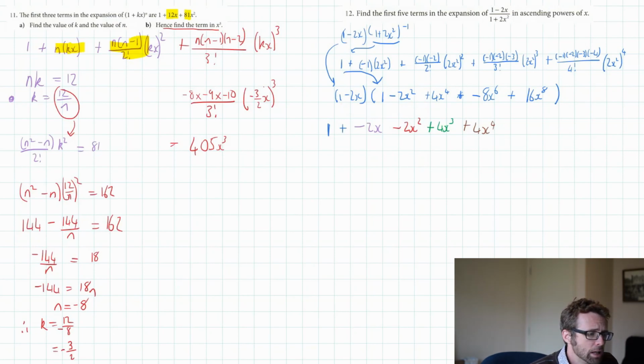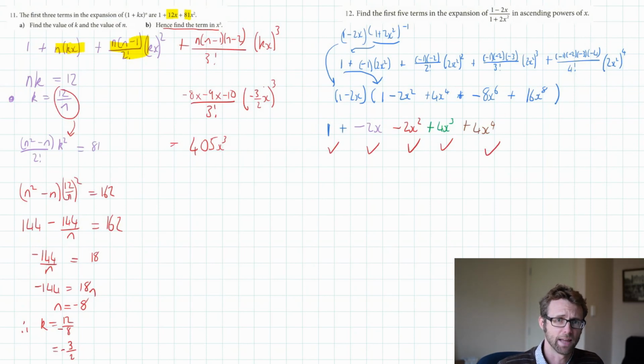My minus 2x, I'm happy with that. There's only one way of doing that. Now my negative 2x squared, yes, I'm happy with that. My 4x cubed, yes, I'm happy with that. And finally my 4x to the power of 4. Yep, I'm also happy with that. And I think that should be my answer for that one.